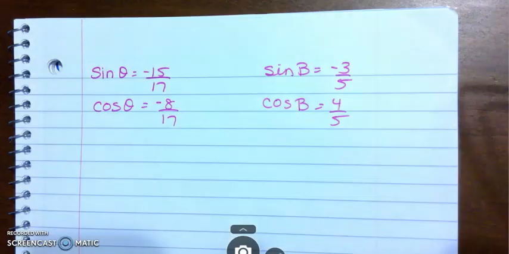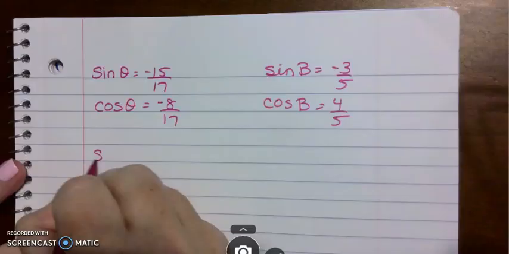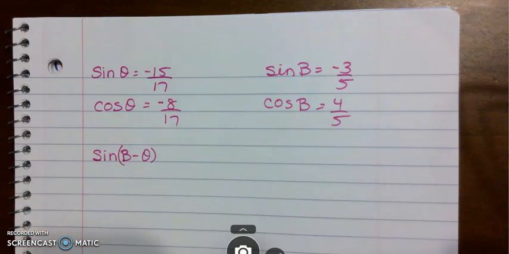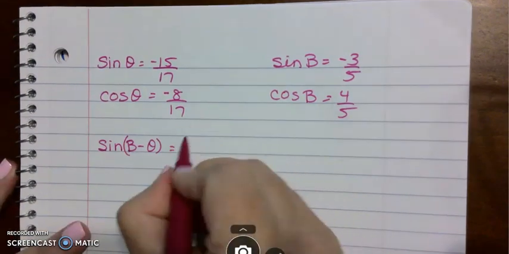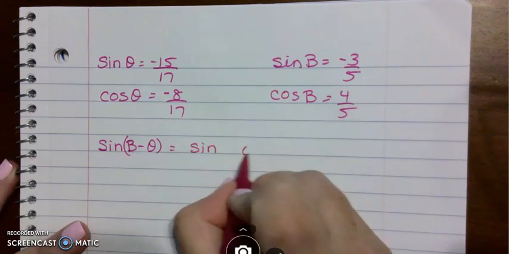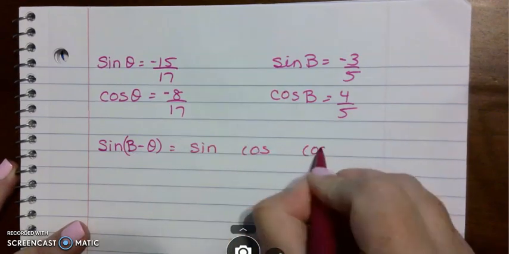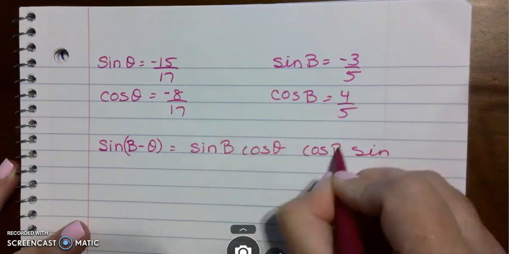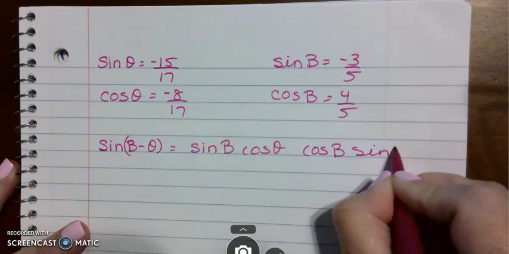So the first question is sine of B minus theta. You want to be careful. Ooh, that's sneaky. Always write the formula: sine, cosine, cosine, sine, with B, theta, B, theta. Be careful.